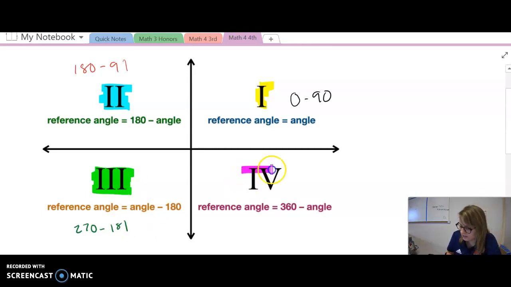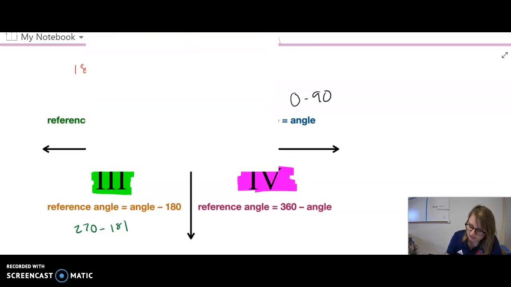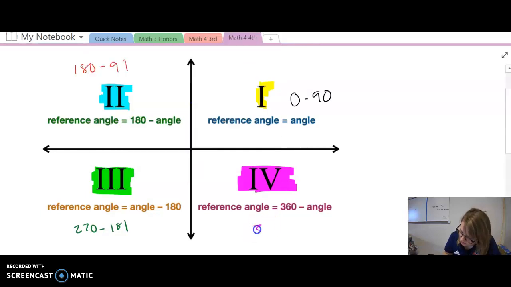Alright, and then lastly, quadrant 4, you're going to use this one if you have an angle between 360 and 271.